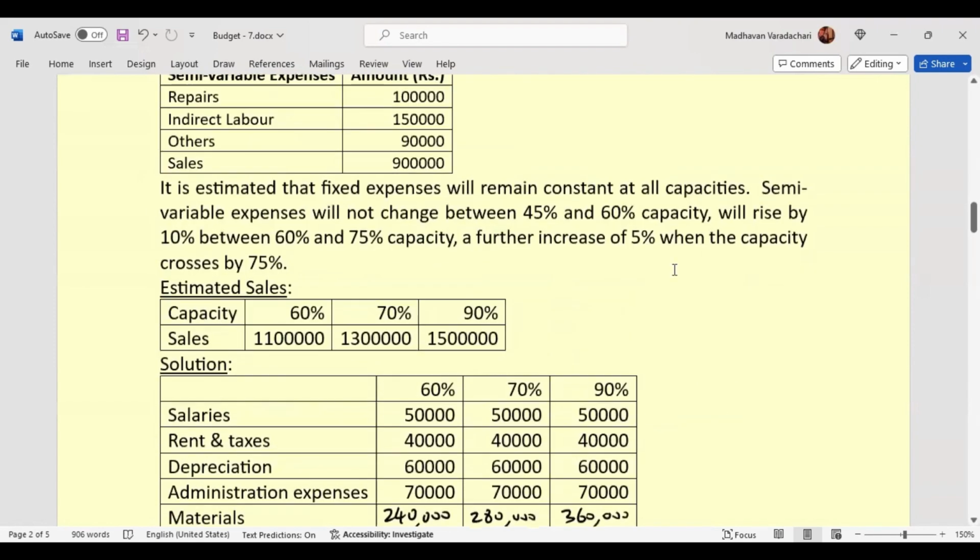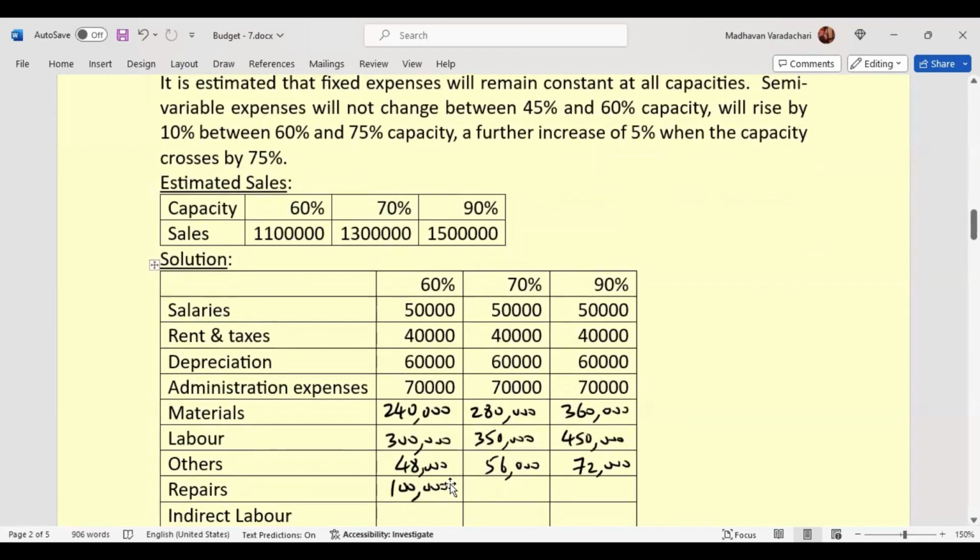Whereas for further, it will rise by 10% between 60% and 75% capacity, which means for 75%, 1 lakh's 10% will increase. So 110,000. And further increase of 5%, right? So which means it will become 115,500.